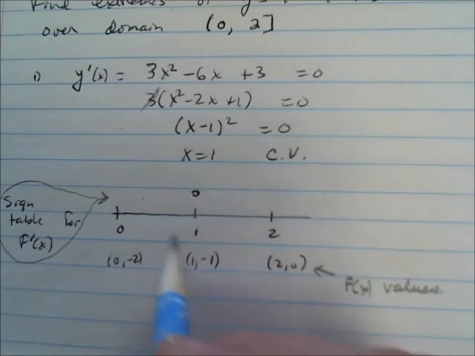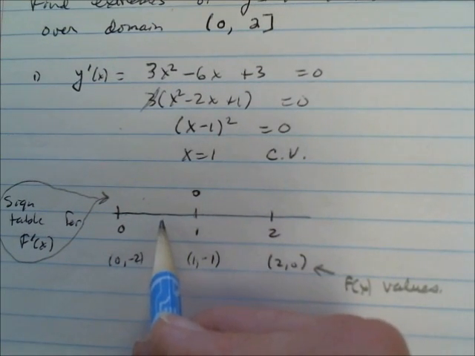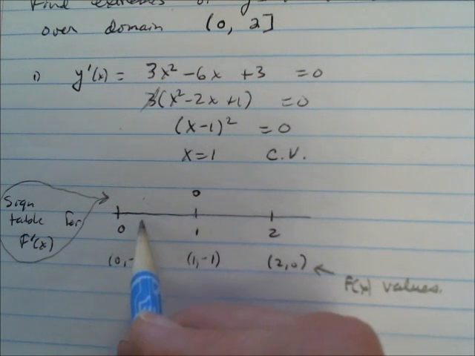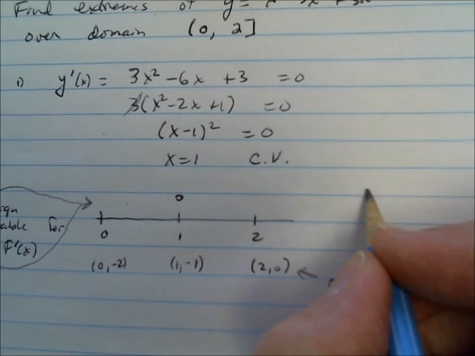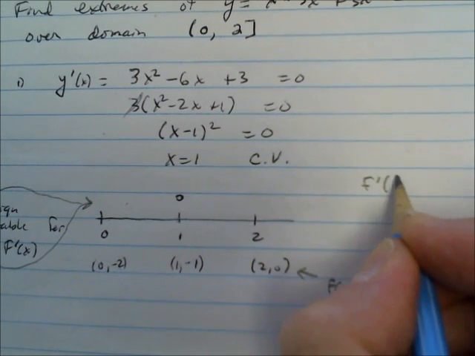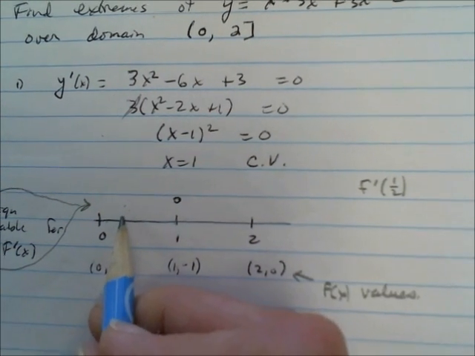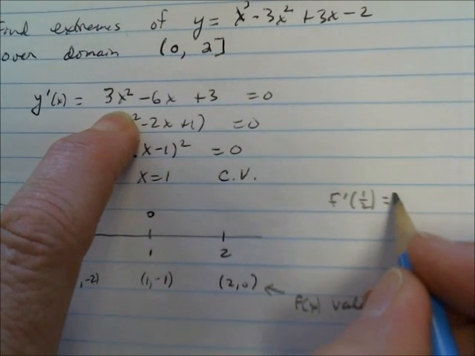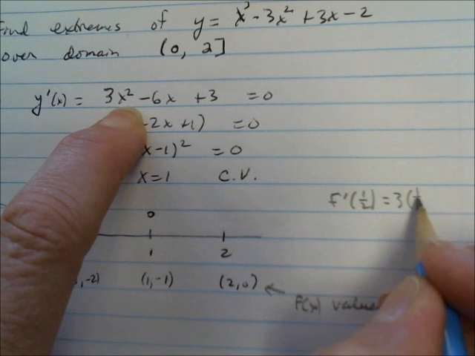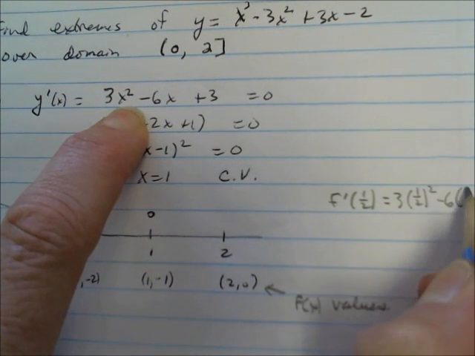So I'm just going to go off to the side. I'm going to choose x equals 1/2. That's probably the easiest number to choose between 0 and 1, and plug it into f prime. So let's figure out what f prime of 1/2 is, so we know to put a plus or minus there. Well, f prime of 1/2 is 3 times 1/2 squared minus 6 times 1/2 plus 3.